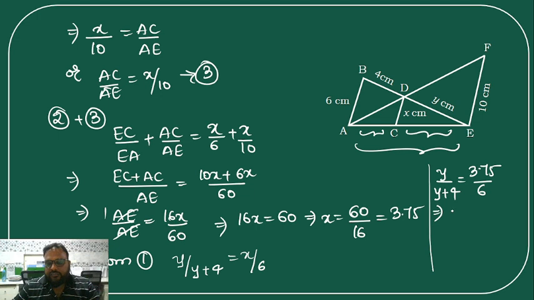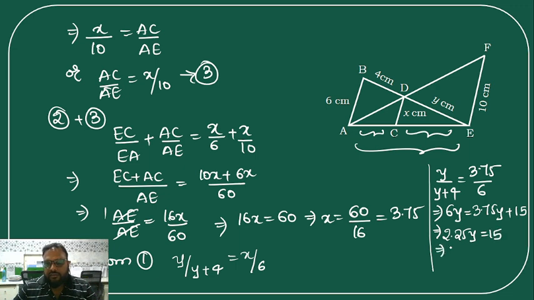When you go for cross multiplication, 6y is equal to 3.75 multiplied by y plus 4. I will get 3.75y plus 3.75 into 4, which is 15. Now 6y minus 3.75y, when 3.75y comes to the LHS, that becomes 2.25y equal to 15.